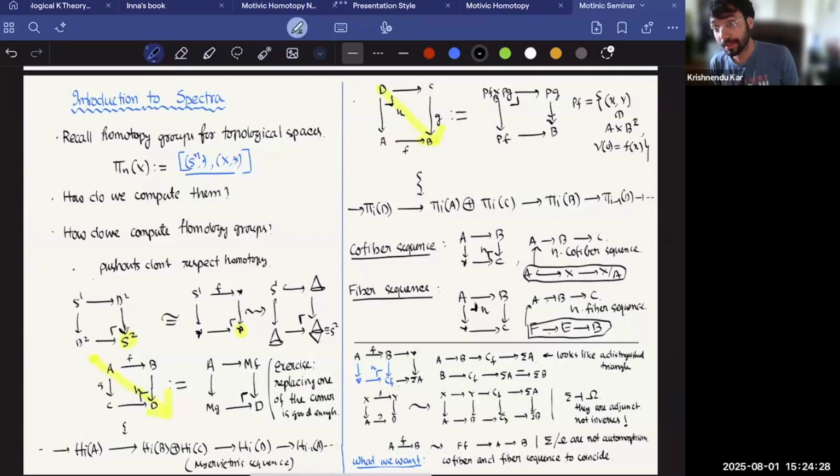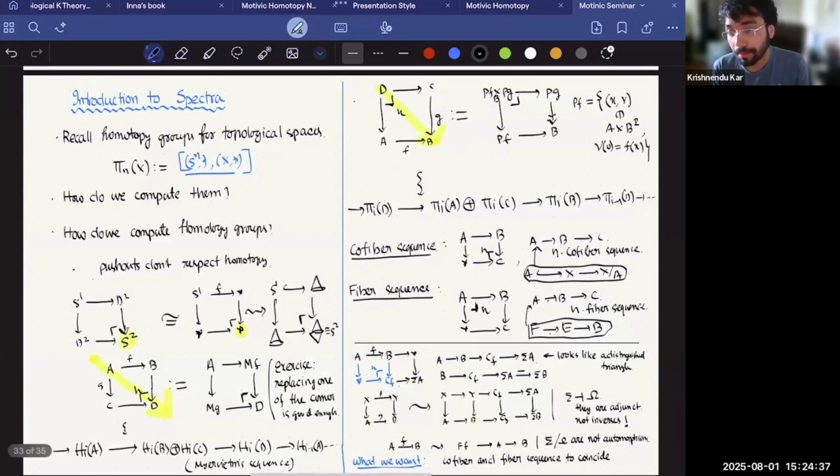If that happens, then we can compute our homotopy groups out of a homotopy pushout square. So far, we can just use the homotopy pullback square, but in computation of, say, homology groups of some manifold, we tend to break the manifold into smaller pieces and glue them in a fancy way, and compute the homology groups by computing the homology groups of the smaller pieces.